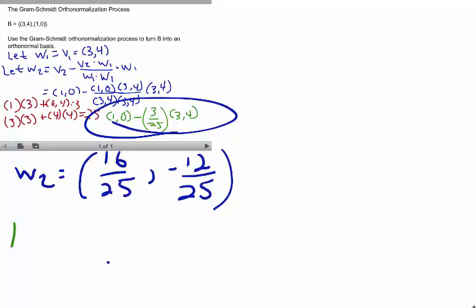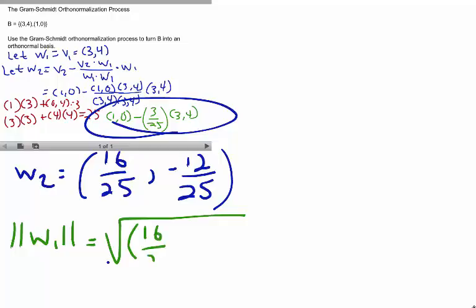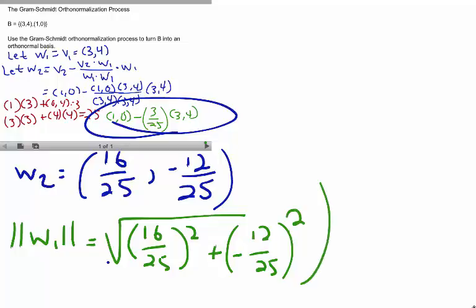Now we go back and normalize W sub 1. So we have the square root of 16 25ths squared plus negative 12 over 25 squared. I'm sorry, let me backtrack a little bit here.